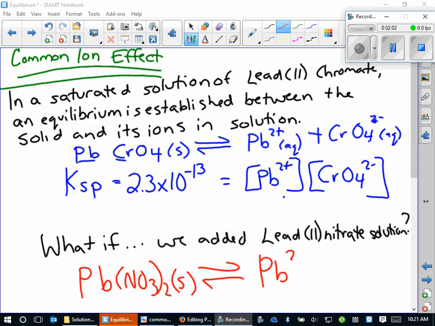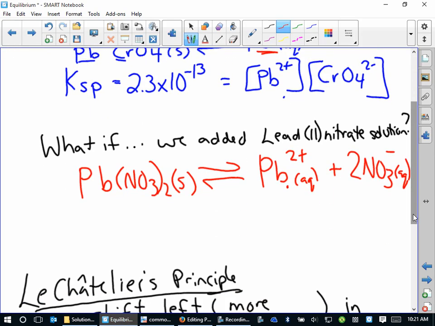So we would again have lead 2+ ions. Notice we have them here and here. And we would have NO3 ions. So all of a sudden, we have more Pb2+ ions in solution.